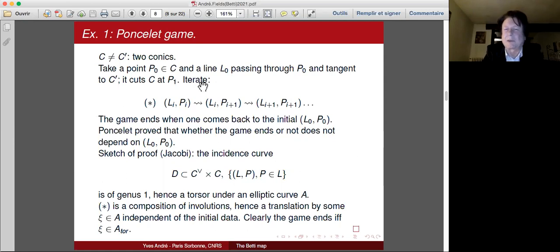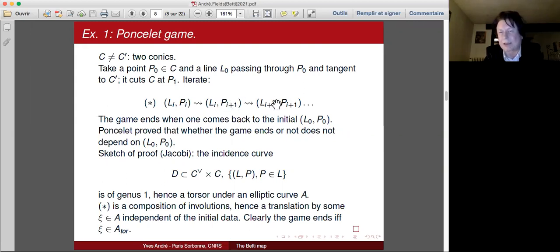So we can iterate the process. So we have Li, a line, and Pi, a point on the line. The line is tangent to the second conic and contains Pi. And we denote by Pi plus 1 the other point belonging to C in Li. And then, starting with this point, we can construct the other line, which is tangent to the second conic and contains this point Pi plus 1.